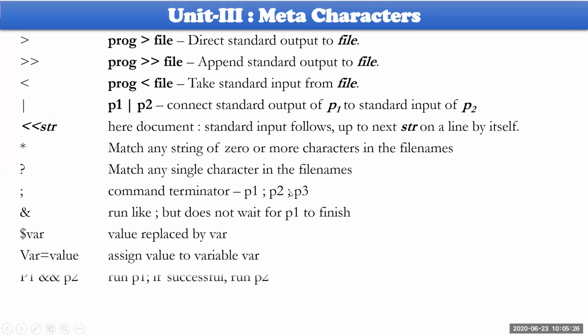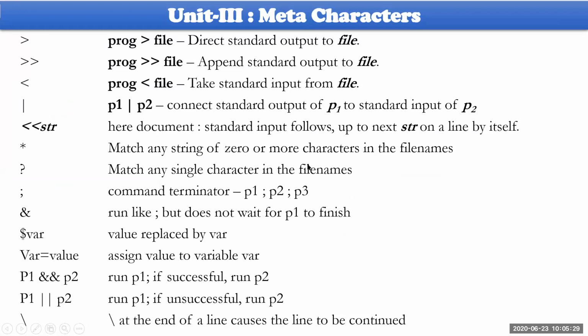Many meta characters have been discussed here: redirection, appending, redirection to standard input from the file, creating a buffer, that is the pipe, for execution of 2 different commands in a proper way, here documentation, displaying the files with any kind of name, displaying the file based on the existence of question mark, command terminator, process ID without waiting for other processes, and value of a variable rather than the name of the variable.